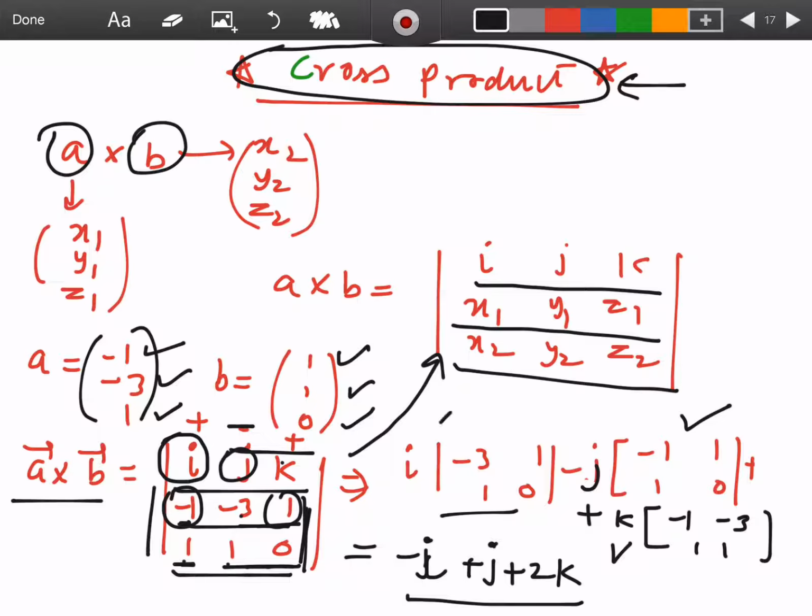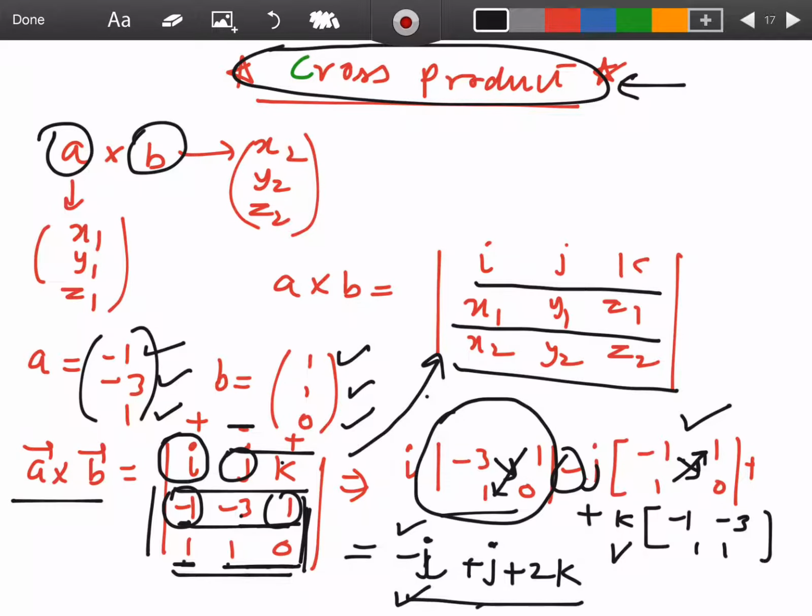Now to evaluate this, you first multiply -3 into 0, which is 0, minus 1 into 1, which is going to be -1. So that's how we get -i. Here again, you multiply -1 into 0, which is 0, minus 1, which is again -1, but because of this minus, it becomes positive j.